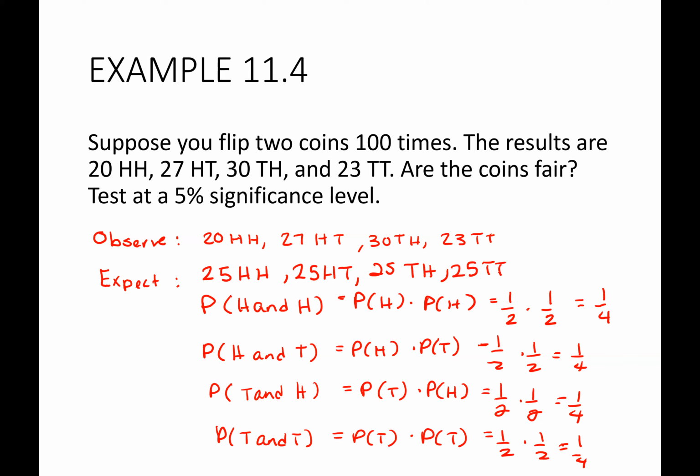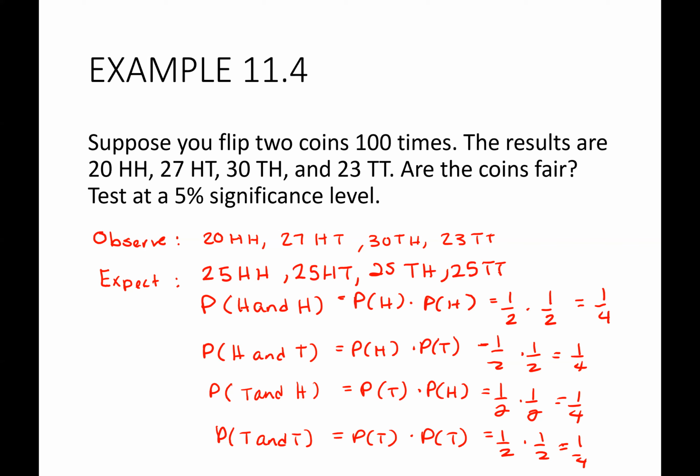Okay, so now we're going to use the chi-squared distribution to determine if what we observed is significantly different than what we expect. When we do the chi-squared distribution, we have to have our categories be numeric.